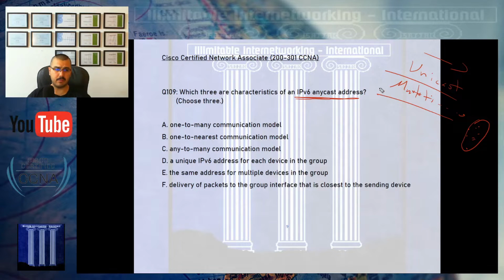Even in OSPF there are multicast messages like 224.0.0.5. A broadcast message goes to everyone by force, and this is very annoying. And IPv6 does not support broadcast.